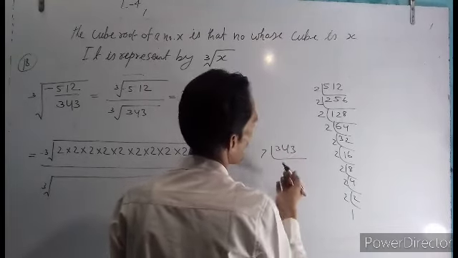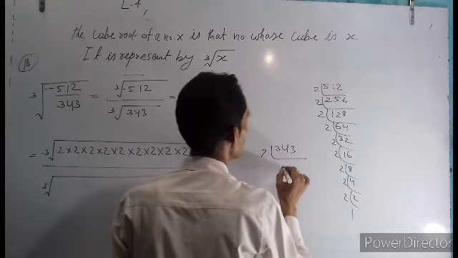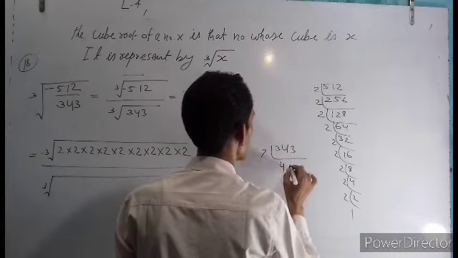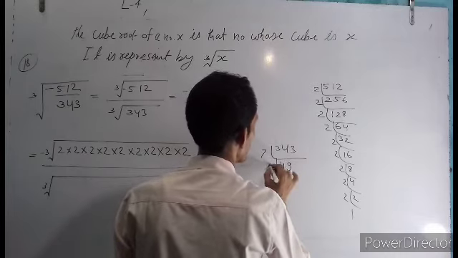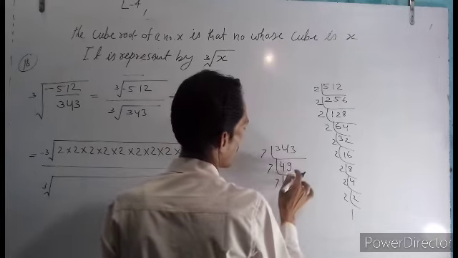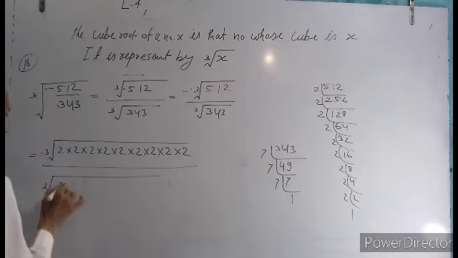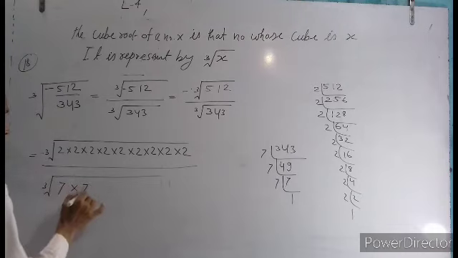It is not divisible by 5, so we can divide by 7. 7, 49, 7 and 1. How many times 7? 3 times: 1, 2 and 3. Okay.